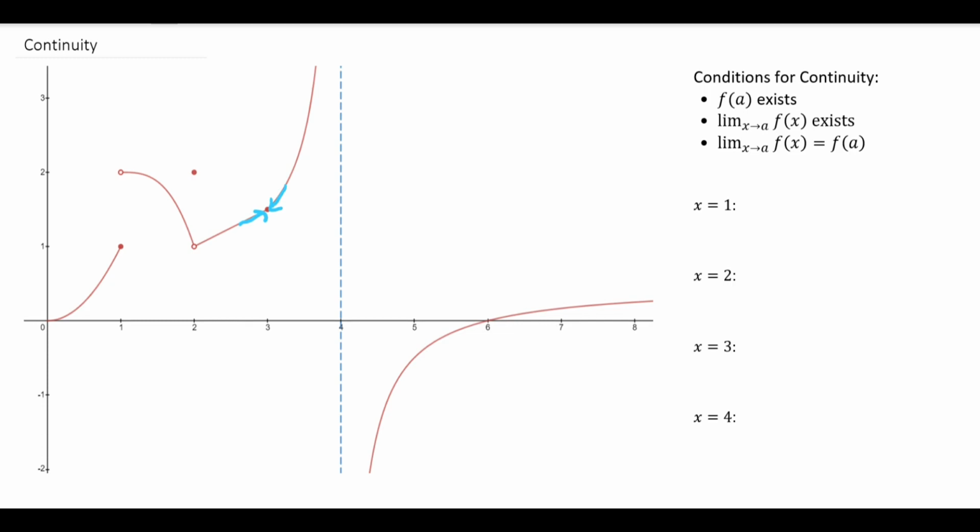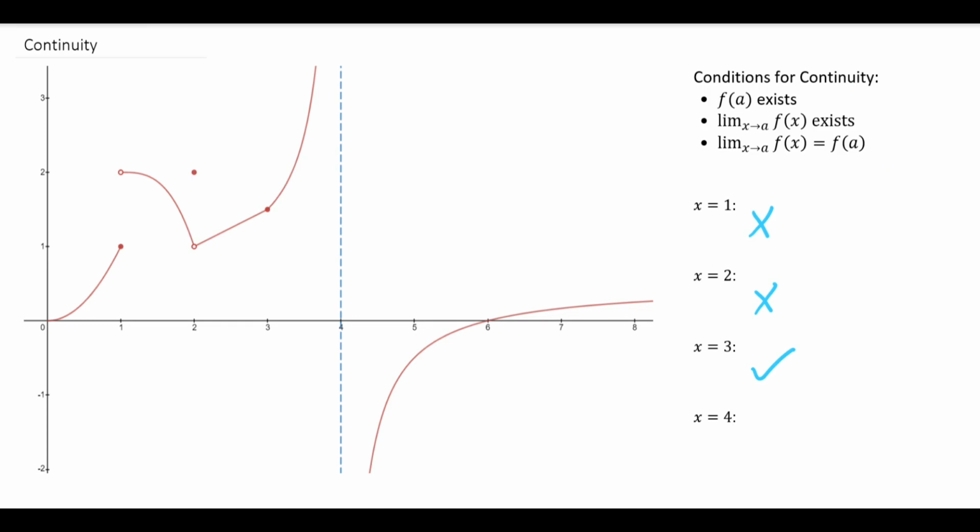So it does exist, and they both agree. And is the limit as x approaches 3 of f of x equal to f of 3? Yes, it is. So each of these all work. So this one is continuous. Remember, so far we have that this one is not, and that's a weird looking check sign. That one is.